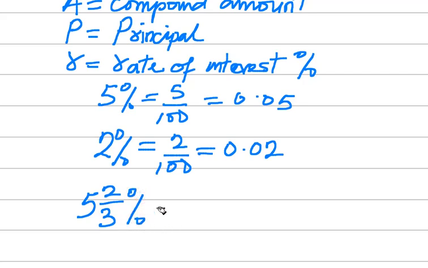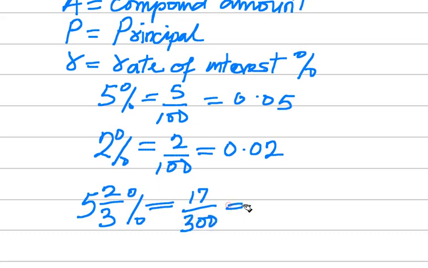under rate? Watch what I'm going to do right now. Use this 3 and multiply the 5, you get 15. 3 times 5 is 15 plus 2 is 17. You do 17 all over 3, but because of the percentage, convert this 3 to 300. So this is over 300.